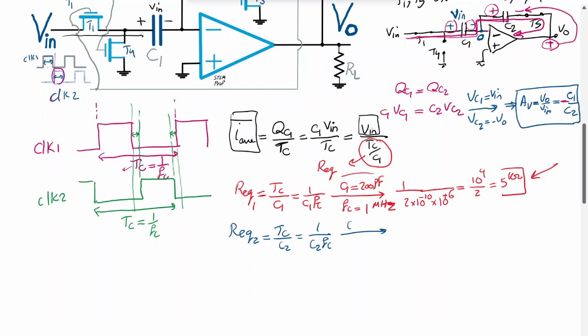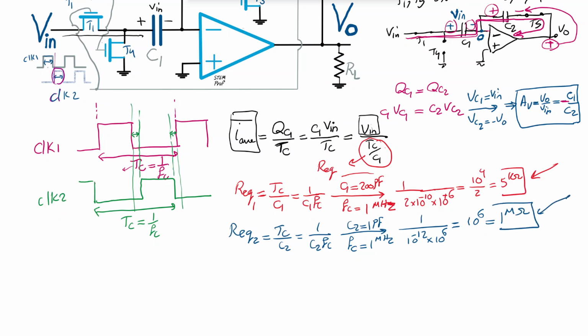Now C2 is 1 picofarad in this example, where we wanted an absolute gain of 200. So FC remains 1 megahertz, same frequency. What are we getting? We are getting 1 picofarad, 10 to the power negative 12, and then 10 to the power 6. So we are realizing a 1 mega ohm resistor effectively.